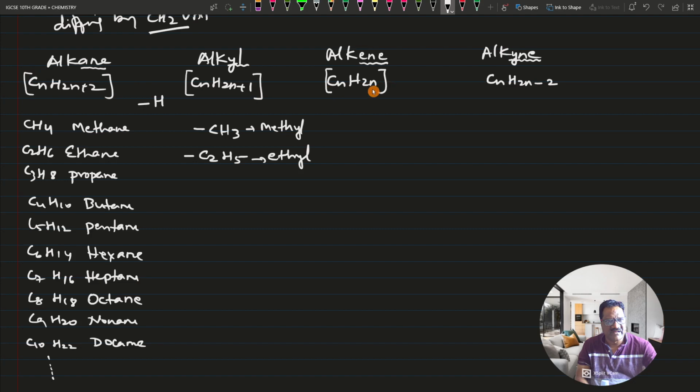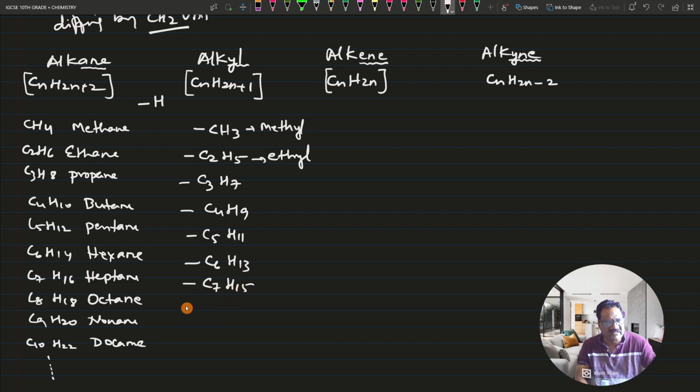Can you see here, N is 2, so it will become C2. And H will become what? 2 twos are 4 plus 1, that is 5. So C2H5. This will become C3H7. This will become C4H9. This will become C5H11. This will become C6H13. This will become C7H15.